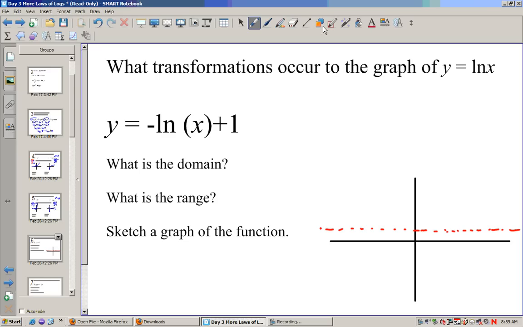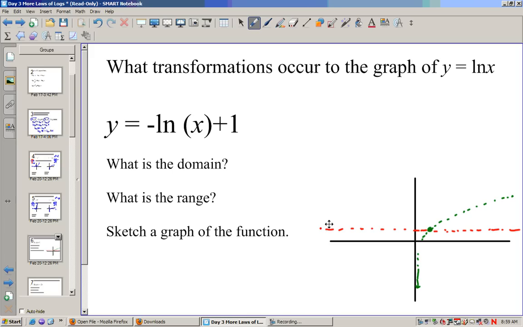Now let's do this in a different color. In green, I'm going to draw it just with the +1. If I just had the +1, then it would cross here at 1, and it would come up, and then it would go out like that.